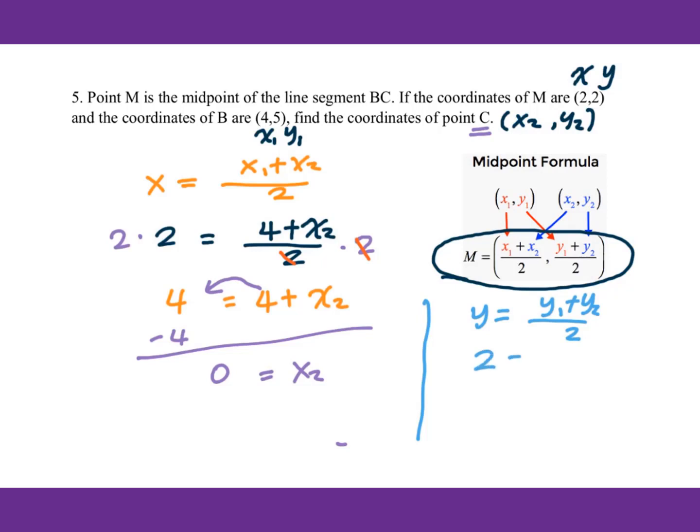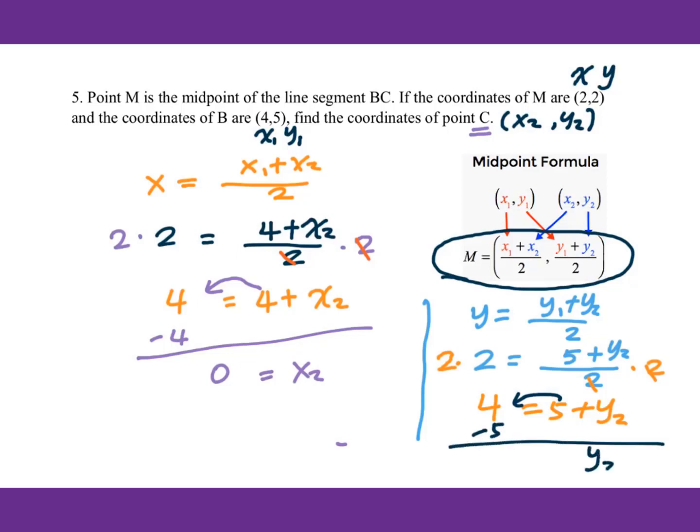Y equals 2 equals y1 is 5 plus y2 over 2. Still, you need to multiply by 2 on both sides. Then you get 5 plus y2 equals 4. Then subtract 5 on both sides. You will get y2 equals negative 1.